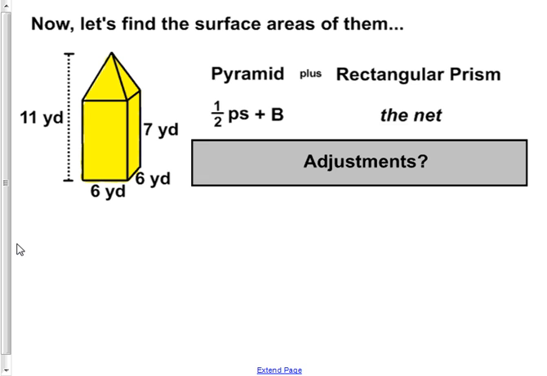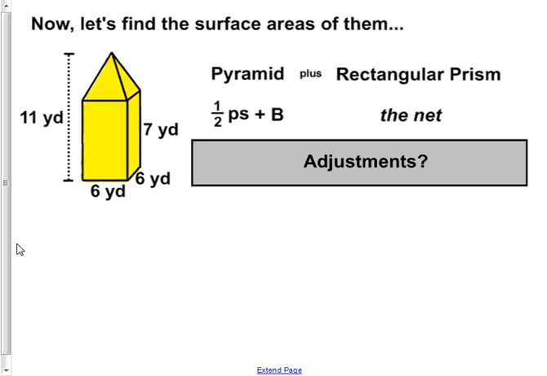So in this particular instance, the fact that the pyramid and the prism have joined together, well, one side of the pyramid and one side of the prism have effectively canceled each other out where the figures joined together. So we would no longer want to consider those 2 sides to be part of the surface area.